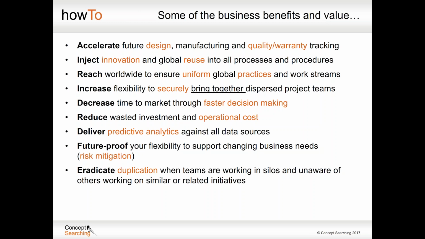That's something that's a good business case that we've seen many times with manufacturing organizations. Reduce waste, operational cost, and it basically eradicates duplication when teams are working in silos and unaware that others are working in similar or related initiatives.